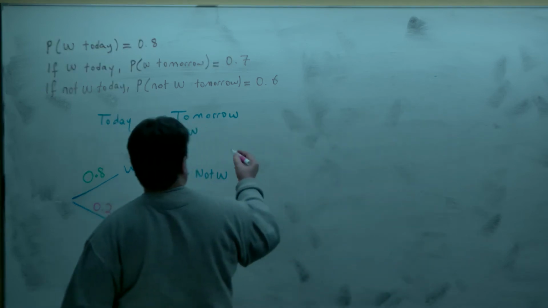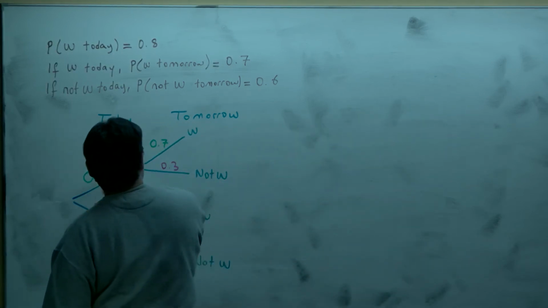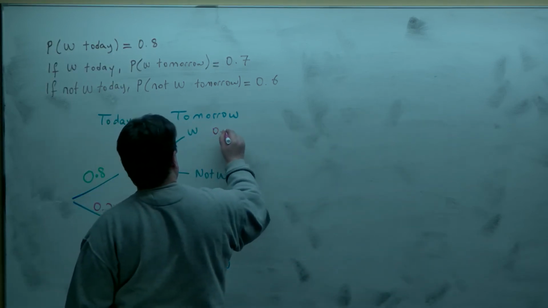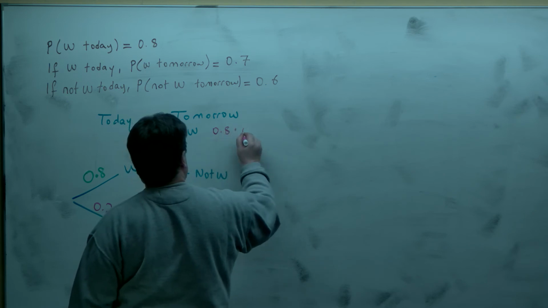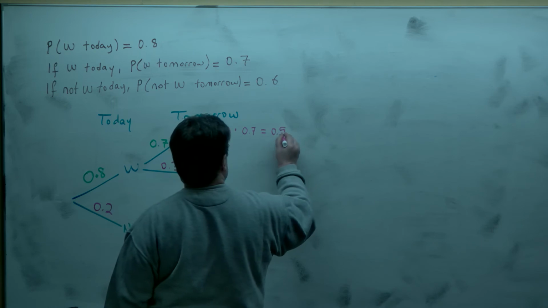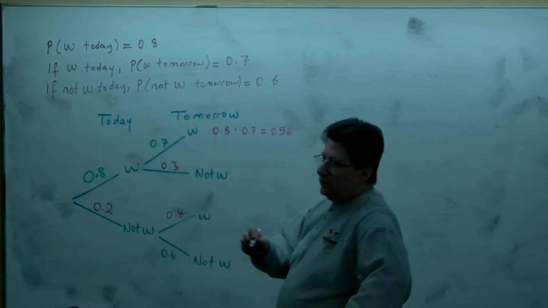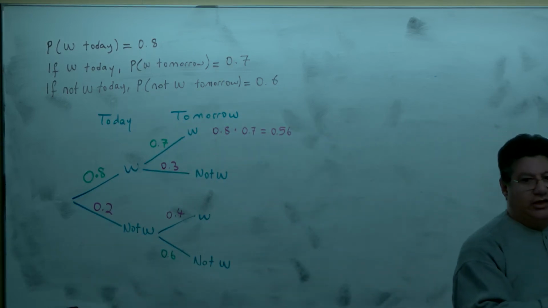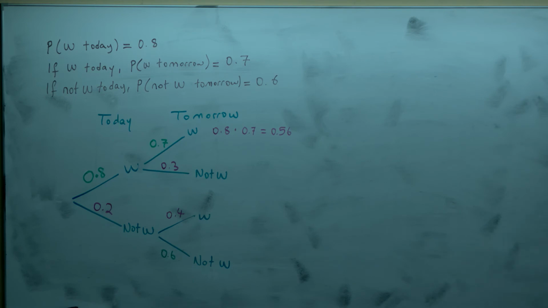So, 0.8 times 0.7 is 0.56. Now, we are making an assumption here. Winds today and winds tomorrow are independent. That's why we can multiply them. That's an assumption we are making, okay?